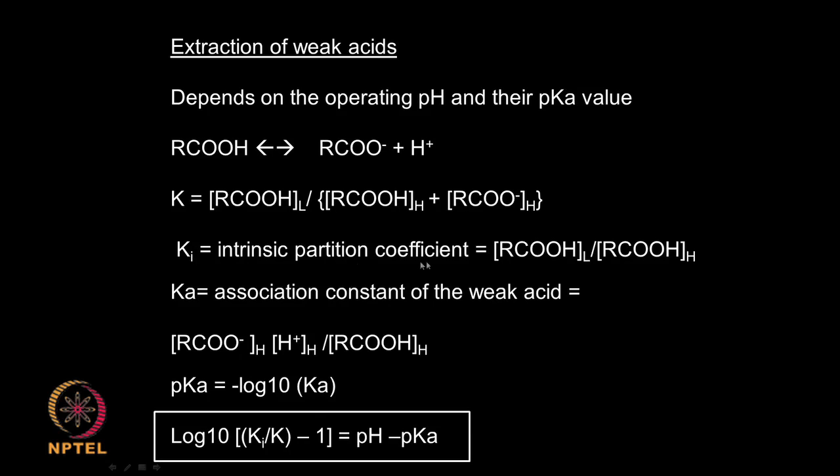So, what is Ki? Ki is the intrinsic partition coefficient, that is, if there is no dissociation, you will have the concentration in the liquid phase divided by the concentration in the heavy phase, right.